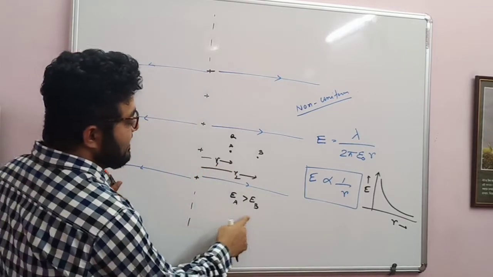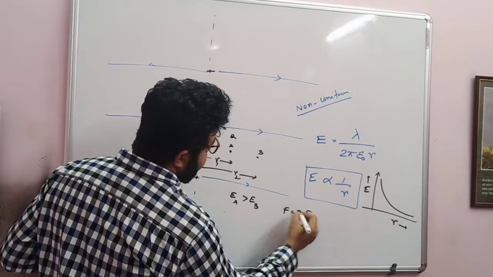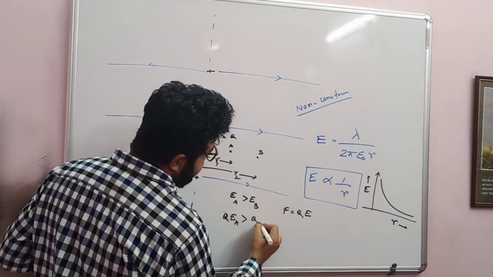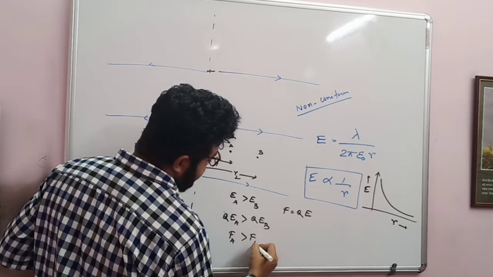So E_A is greater than E_B. We know force is charge into electric field, so Q into E_A is greater than Q into E_B, so force at A is greater than force at B.